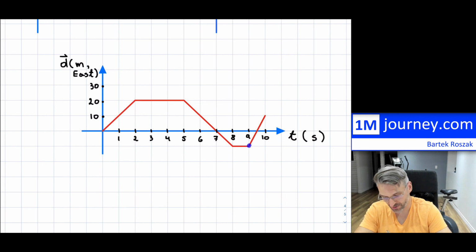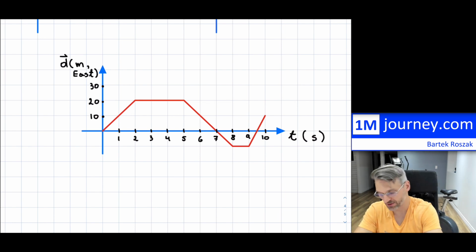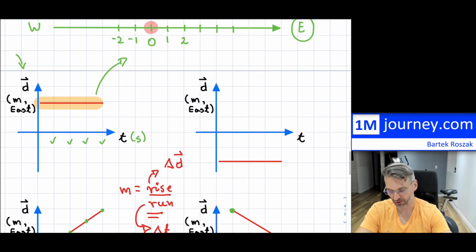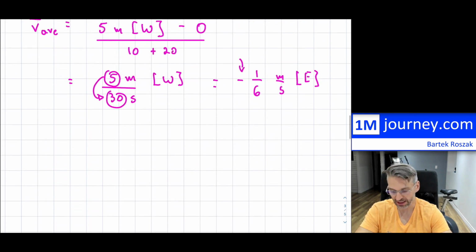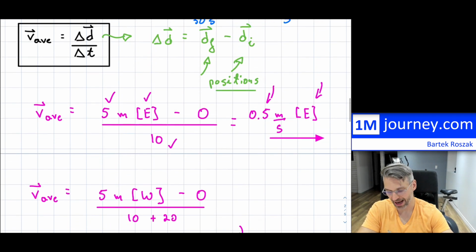And here it's a positive slope again, so you're moving in the positive direction, which for us means east, at least from this position graph. So those are pretty nice examples to understand these velocities in a visual form and what's happening.